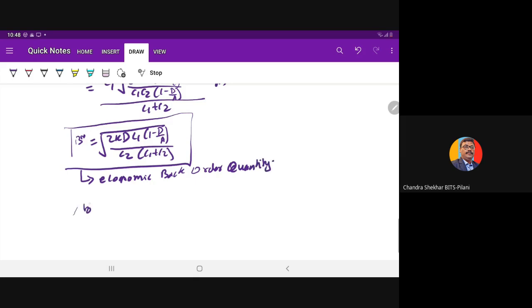Then we have the T naught star. What is the T naught?